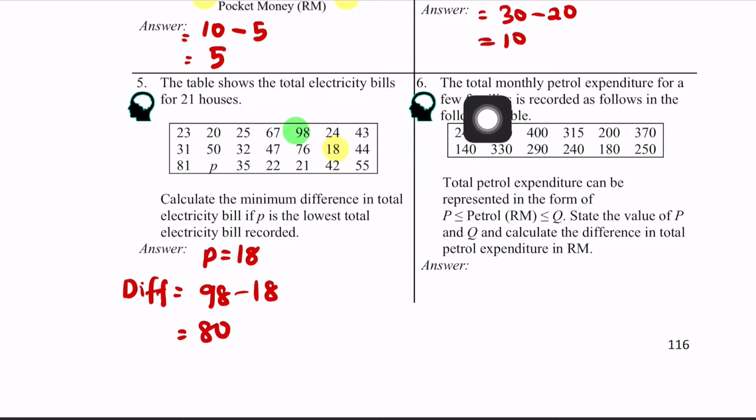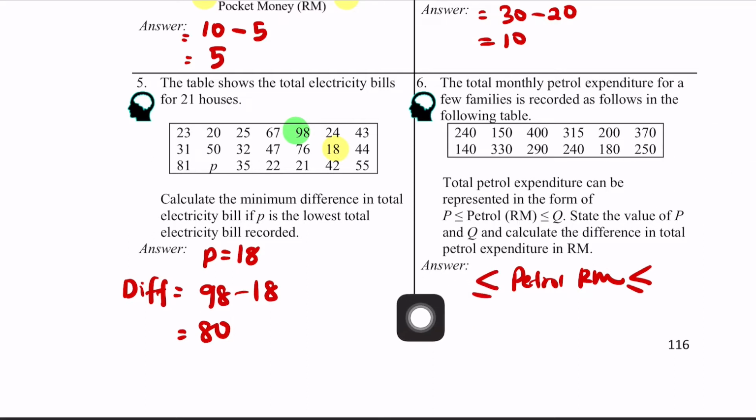Okay, number 6. The total monthly petrol expenditure for a few families is recorded in the following table. Total petrol expenditure can be represented in the form of petrol between P and Q. Find the values of P and Q and calculate the difference in total petrol expenditure in RM. So bila kita ada macam ni, we know that this part is the lowest one, the smallest one, and this one is the highest or the biggest one.